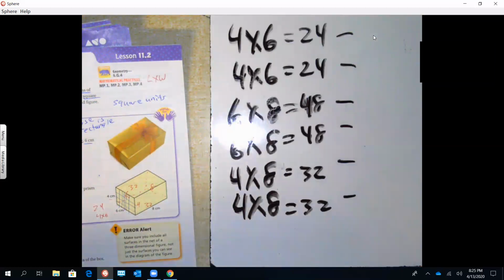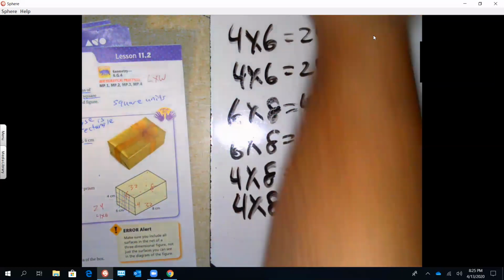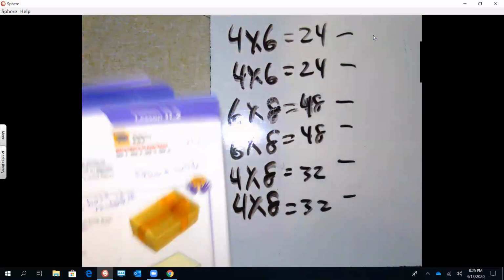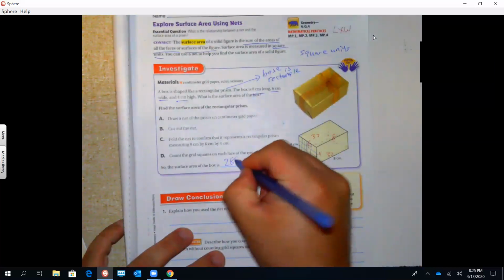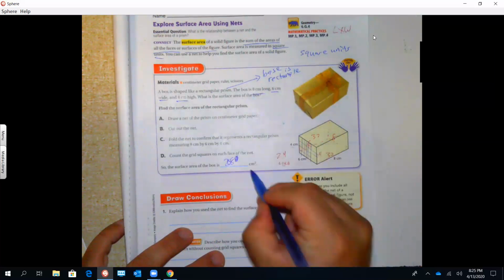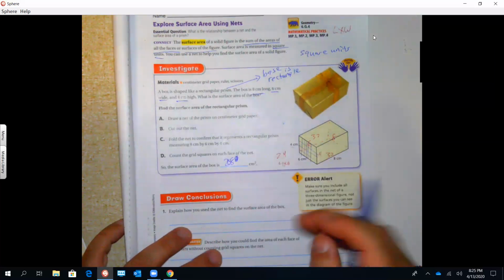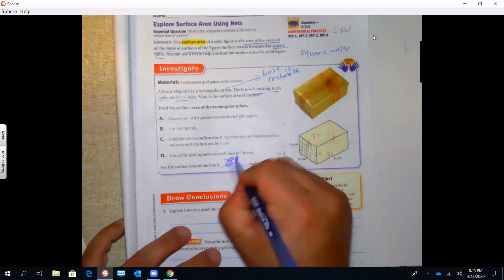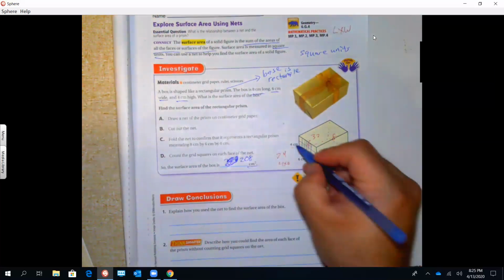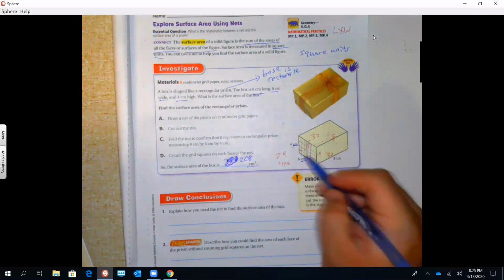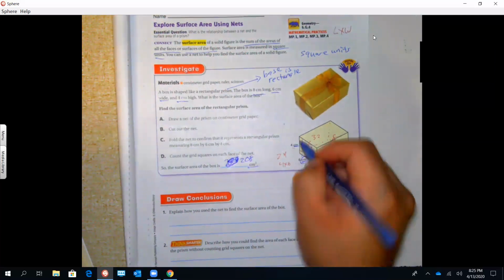So the total surface area of this box should be 208 centimeters squared. We write that: 208 centimeters squared. Centimeters squared because they're in centimeters. Remember, all the measurements must be in the same unit.